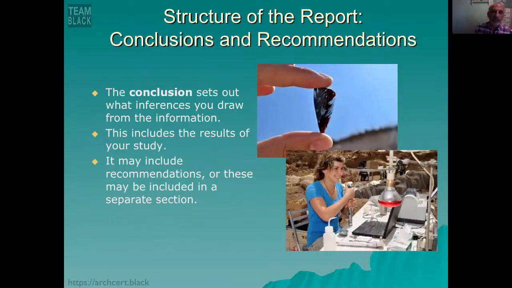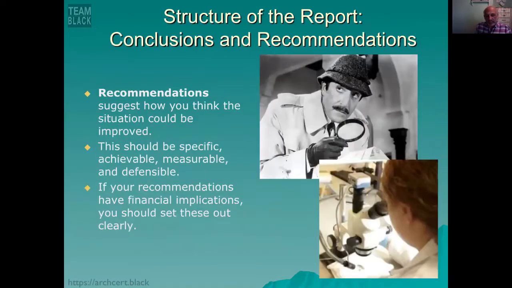So the structure of the report, the conclusions and recommendations: the conclusion sets out what inferences you've drawn from the information you've gleaned, and includes the results of your studies. They may include recommendations, or these may be included in a separate section. The recommendations suggest to you and your client how you think the situation could be improved.